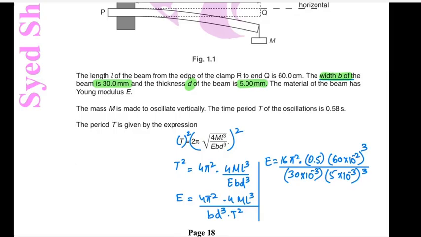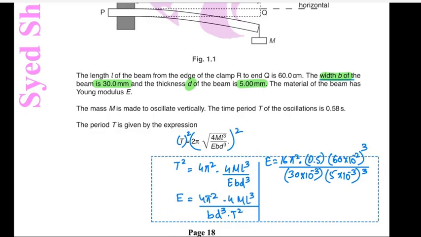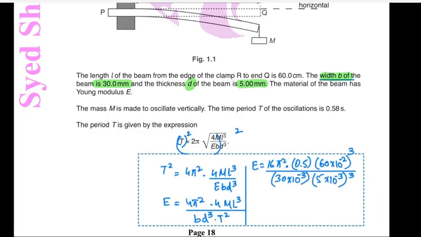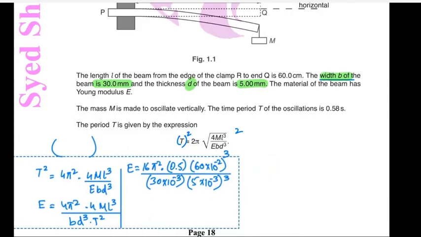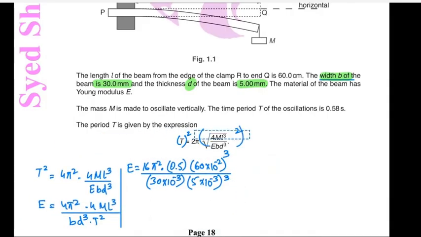And then what's T? 0.58 seconds, right? So all that multiplied by 0.58 squared, T squared. So that means it will become 0.58 squared. Quickly plug into the calculator.